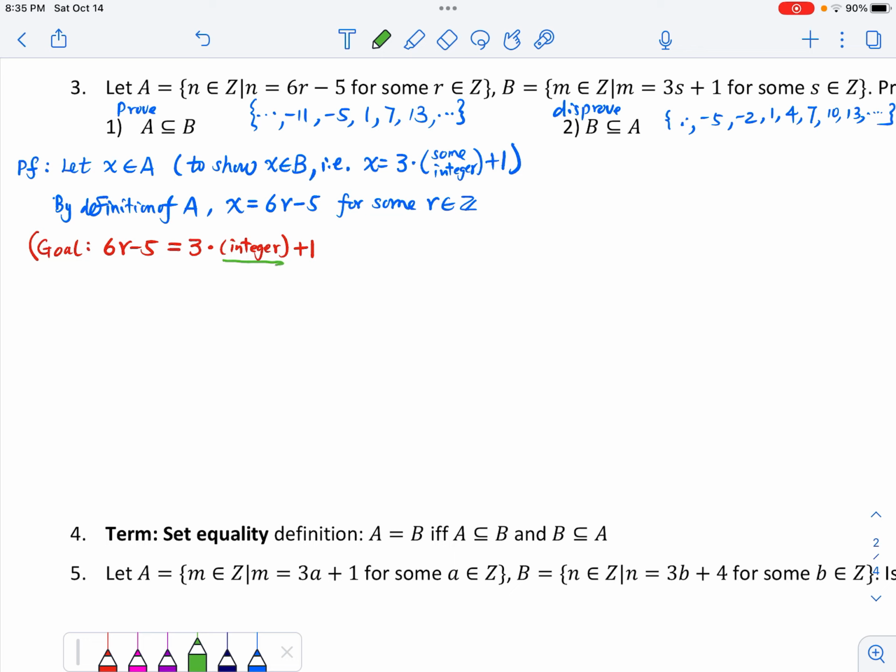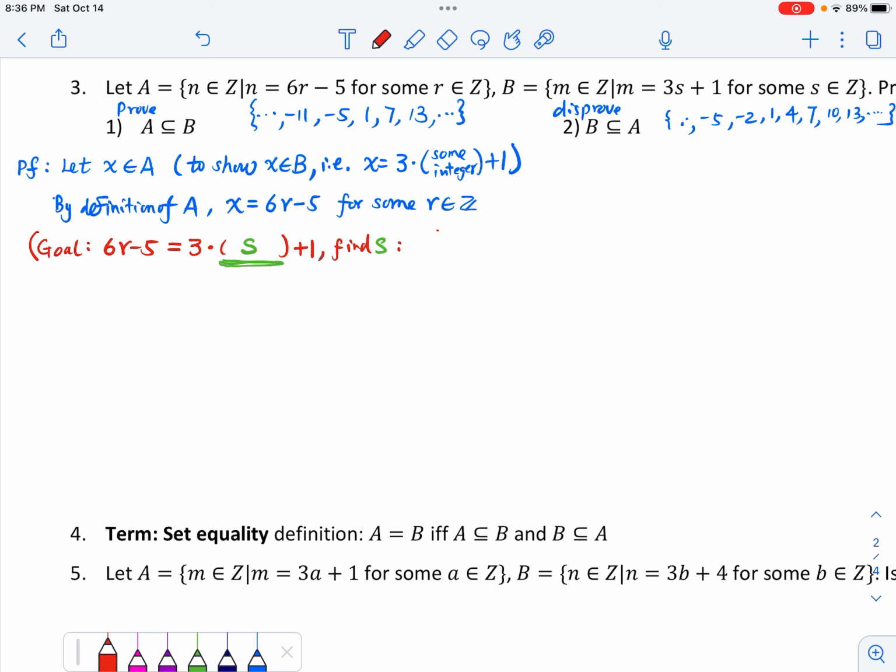I need to figure out whether such an integer exists so that 6r minus 5 equals 3 times this integer plus 1. If I call this integer s, let's solve for s. I need to find s. That's the goal, and this can be done by some algebra.